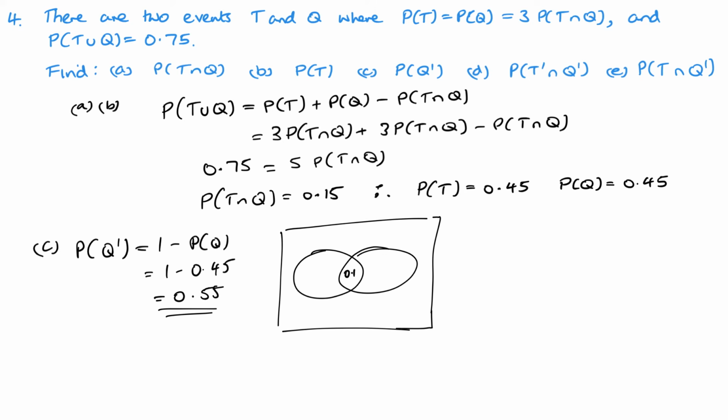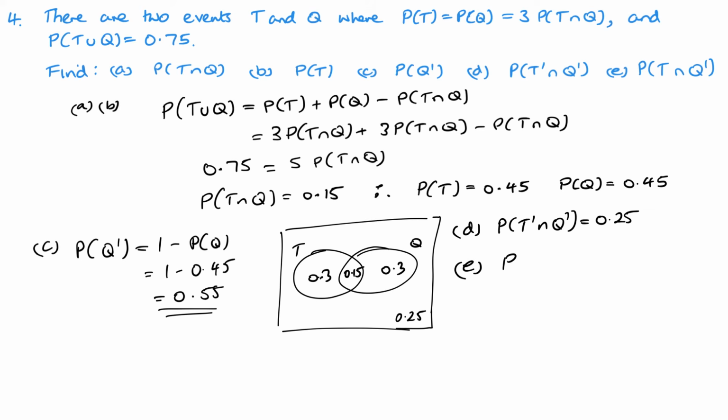So we're at 0.15 in the center, 0.3 either side, and 0.25 on the outside. So for part D, we've got not T intersection not Q, so that happens on the outside, and 0.25.